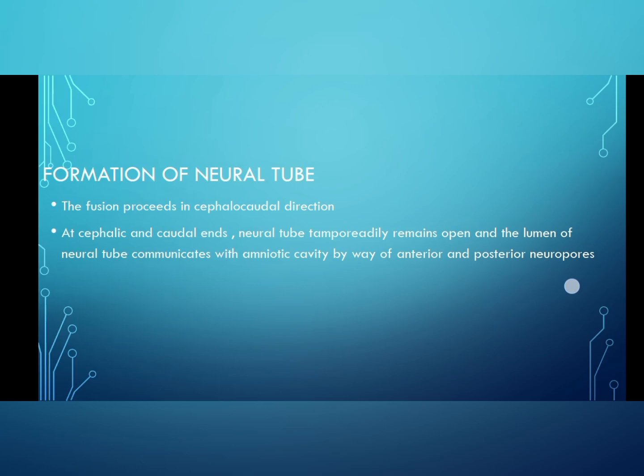At the cephalic and caudal ends, the neural tube temporarily remains open, and the lumen of the neural tube communicates with the amniotic cavity by way of the anterior and posterior neuropores.